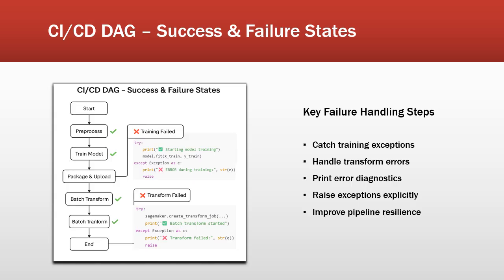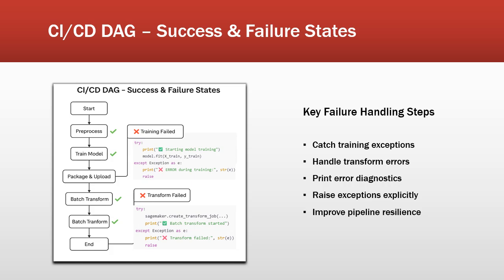For example, if the model fails to train or the transform job doesn't launch, the exception is raised and logged, preventing the pipeline from silently failing. This improves the overall resilience of our SageMaker automation and aligns with best practices for modular, fault-tolerant ML workflows.